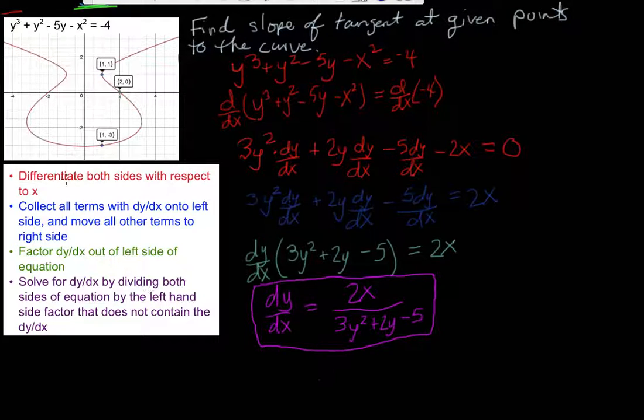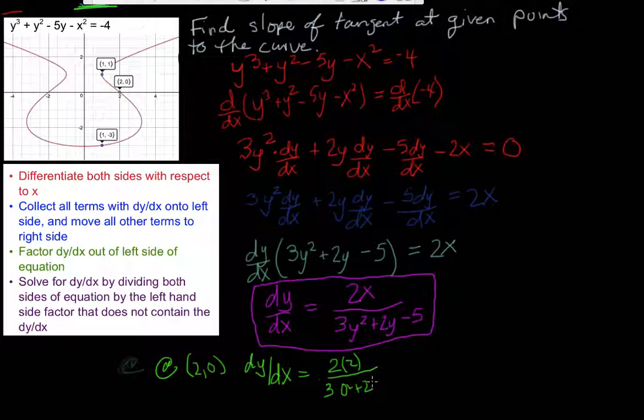If we look here, let's just pick one of these to do. So let's use (2, 0). At (2, 0), dy/dx is going to be equal, plugging in these values, to 2 times 2, there's my x, over 3 times 0 squared plus 2 times 0 minus 5.